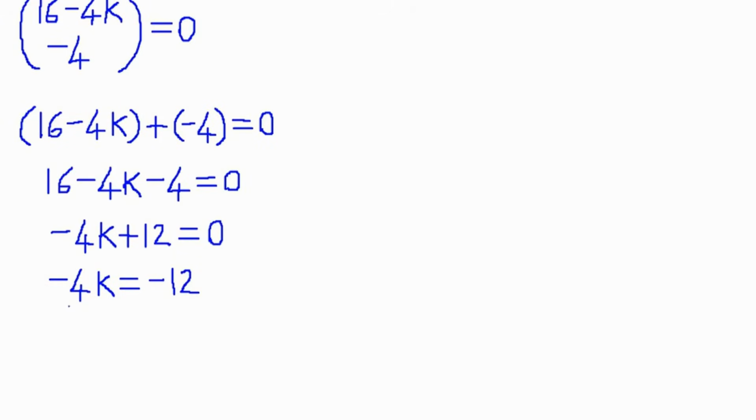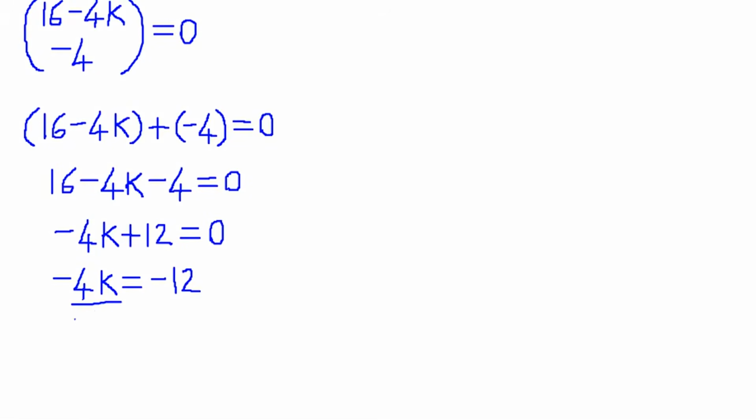So the next step is to divide both sides of the equation by -4. Since the main objective is to make k the subject, k is equal to -12 divided by -4, which will give you the value which is 3.